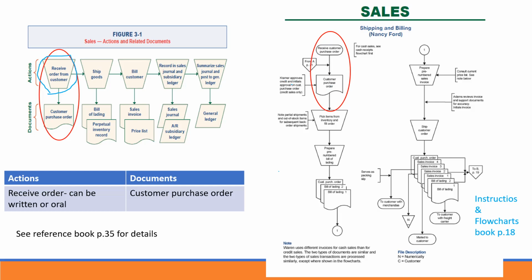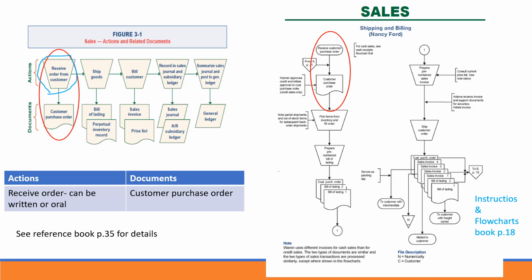And then the credit manager approves credit and initials approval on the customer's purchase order. So you have to act as the credit manager, and you use his initials on the customer's purchase order. That means you have approved this purchase order. Why do you have to approve this purchase order? What are you looking at? One key thing here is to look at this customer's credit.